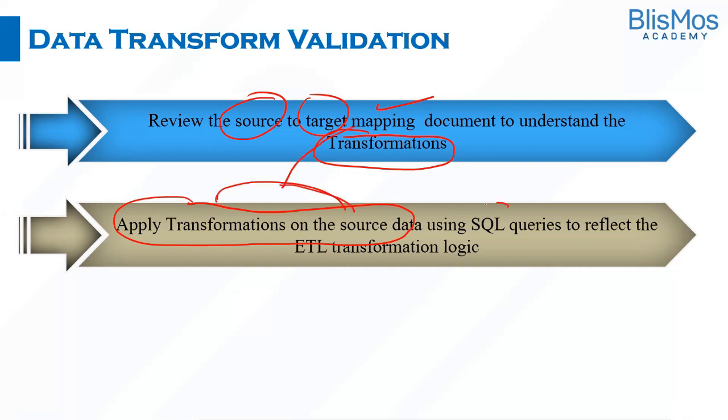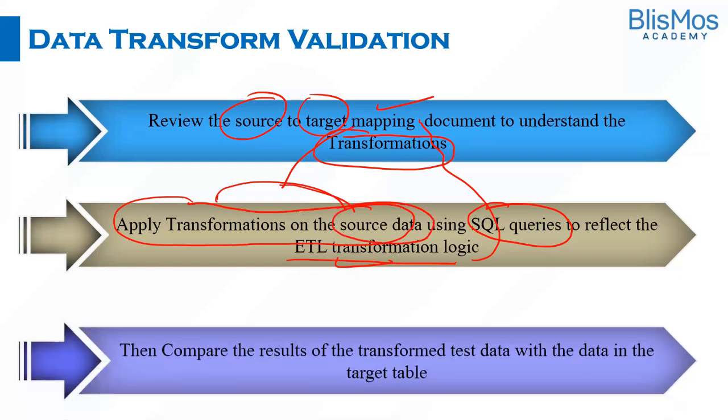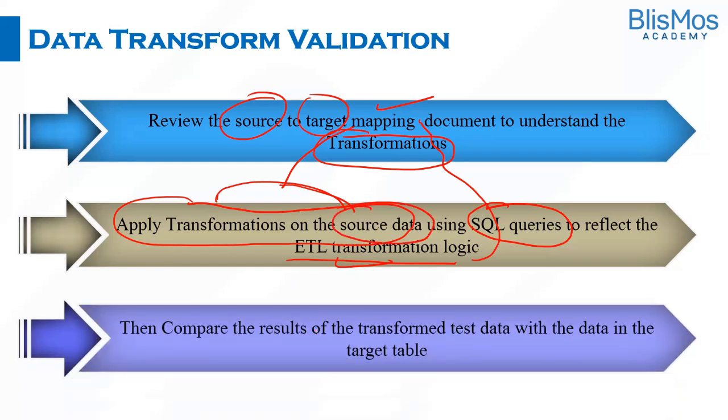You are going to write the SQL queries to reflect the transformation logic mentioned in the mapping document. So now you have a SQL query through which you have applied the ETL transformation logic on the source data. This needs to be compared with the target table. That is when you will get to know whether the developer has done the transformation appropriately or not.